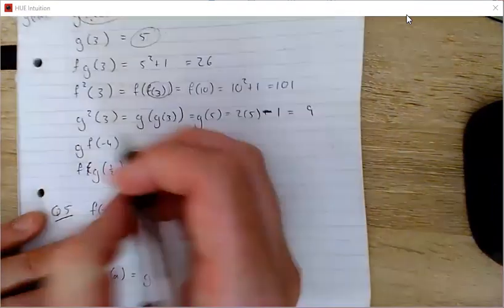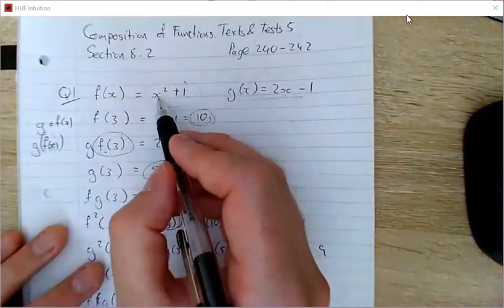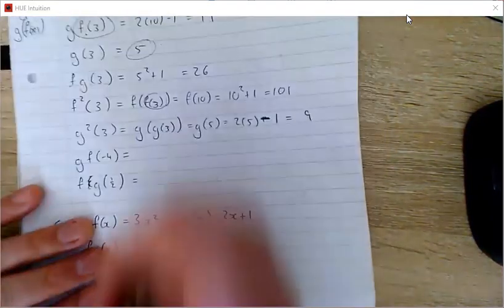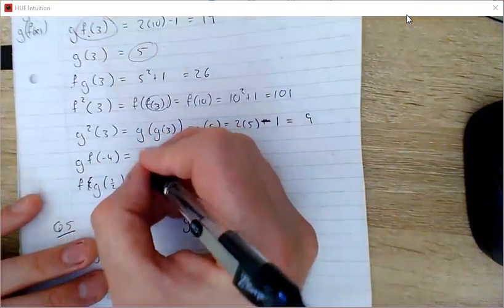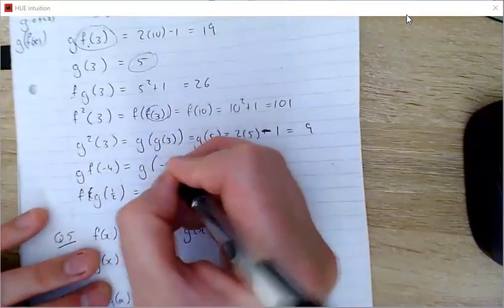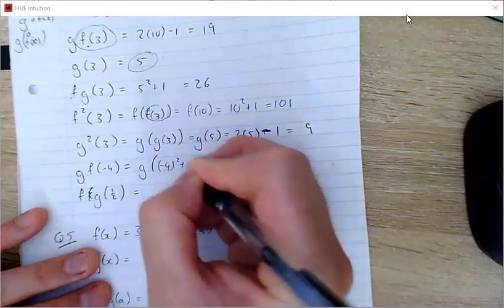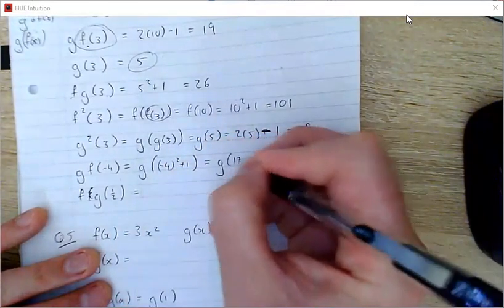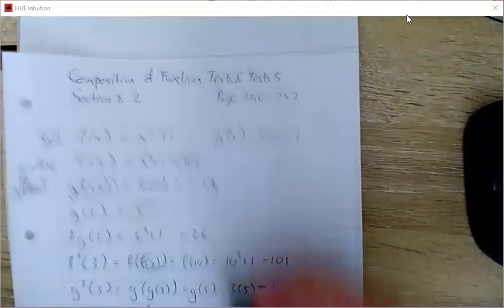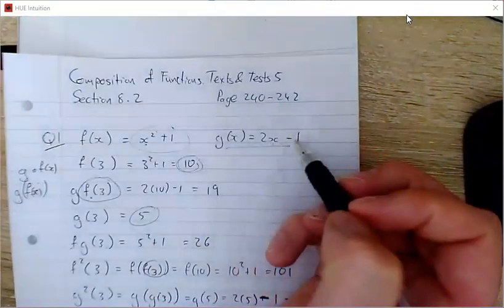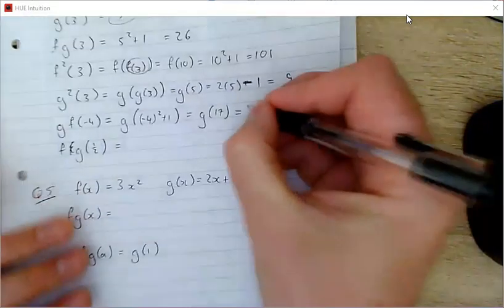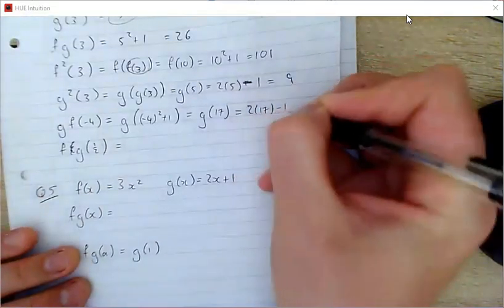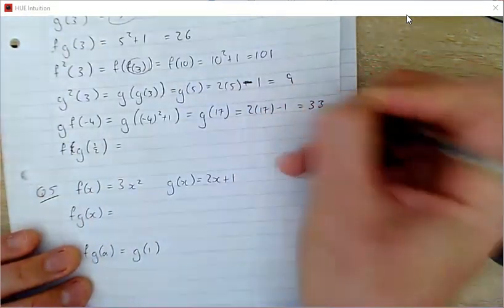g of f of minus 4, plug a minus 4 in here, you're going to get, well, let's do that. f of minus 4 is minus 4 squared plus 1, which is 16 plus 1, 17. And then you come back up here, plug 17 into g, twice 17 minus 1. That's 34 minus 1 is 33.